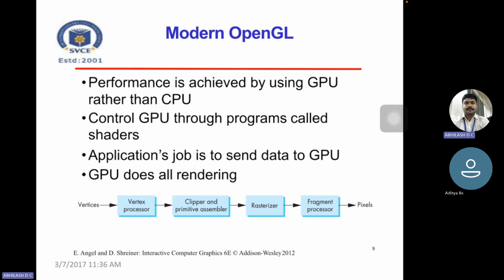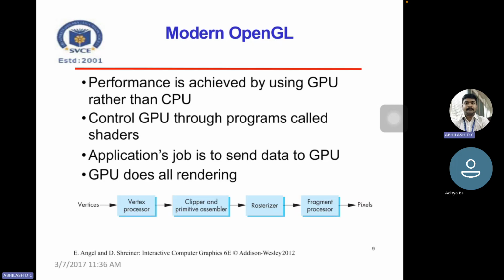So performance is achieved by using the GPU rather than the CPU. Why? Because the CPU has the overhead of already maintaining an operating system and dealing with the architectures. We control the GPU through programs called shaders.